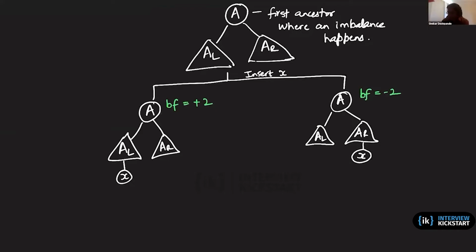Now let's look at the left case first. If the balance factor was +2, what does that mean? It means that if the height of the right subtree is h, the height of the left subtree has now become h+2. Likewise here, if the height is h, the height of the right subtree must have become h+2.